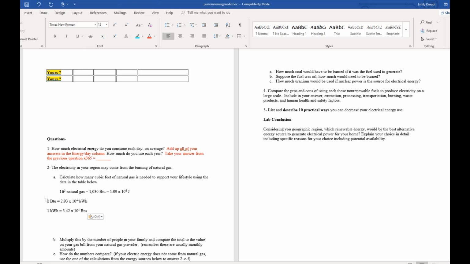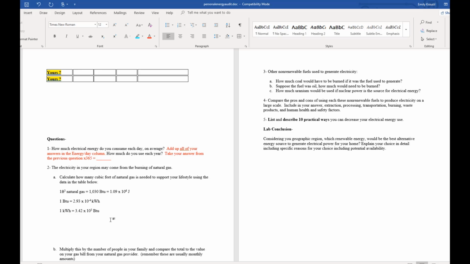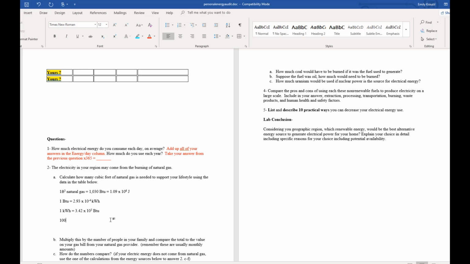So let's do an example. Let's pretend that your answer was 100 kilowatt hours. Each kilowatt hour is equal to 3.42 times 10 to the 3 BTUs, so I'm going to multiply that.